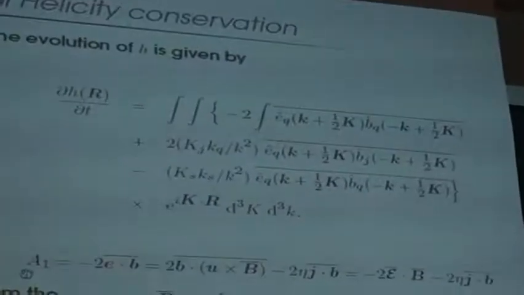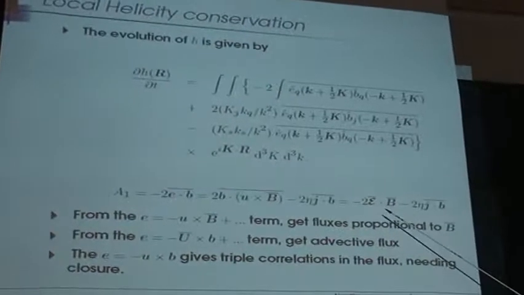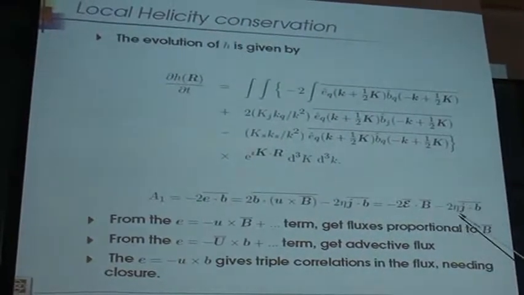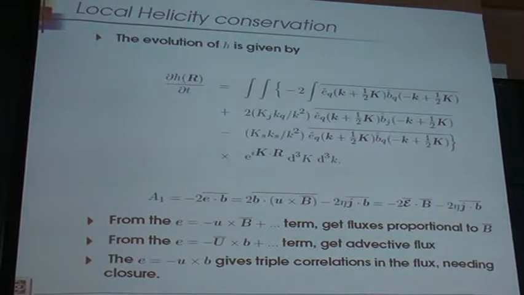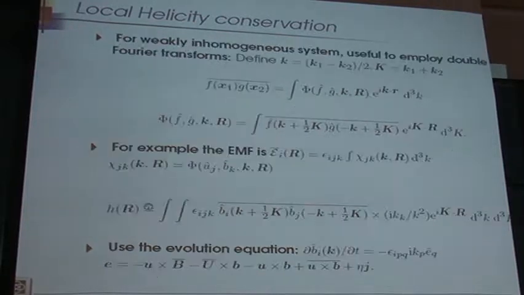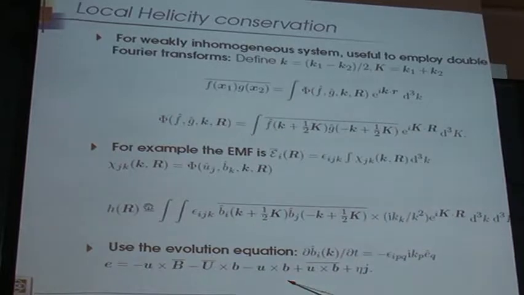So doing that, these two terms will give you minus 2 times the electromotive force dot b, minus 2 eta j dot b. The other terms have dropped out. The important thing is that the nonlinear term has dropped out.